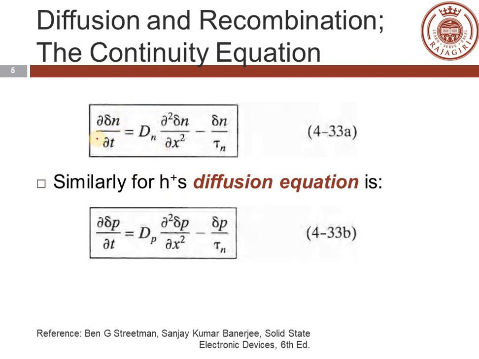So in these two equations for diffusion of electrons and holes, the time derivative part should be equal to 0 for steady state condition. That means the properties of the system should not change with respect to time. So if in these two equations, that is equation number 33a and 33b, the time derivative is 0, we'll get a second order differential equation.